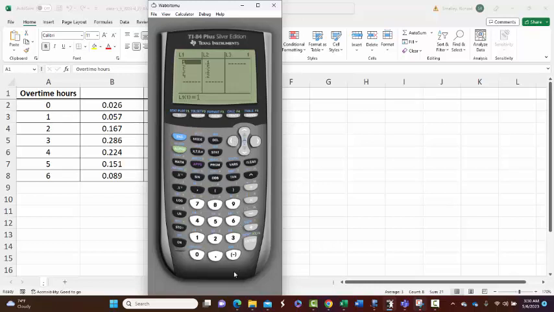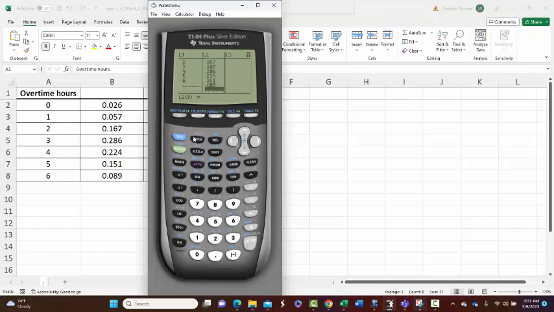But if you want to clear the list out of habit every time, there's nothing wrong with that. 0, 1, 2, 3, 4, 5, 6. .167. .089. So hopefully I did that correctly.